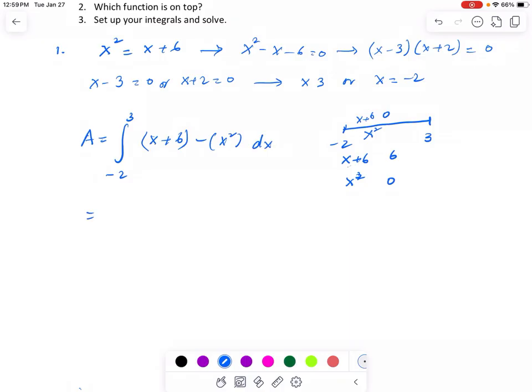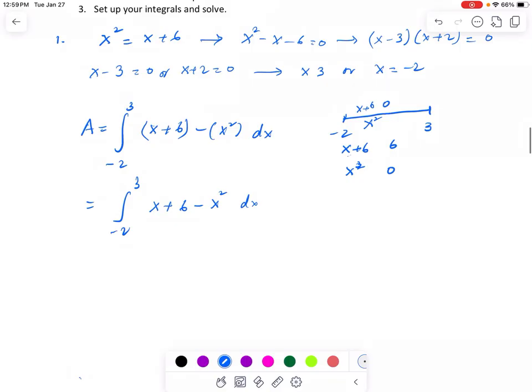Let me do one more step here, and I will leave it for you to finish the integration in your own time. We remove the parentheses here, so it will be x plus 6 minus x squared, and then dx. You will do it, and then I will come back and check what you have done. So let's move on to the next example.